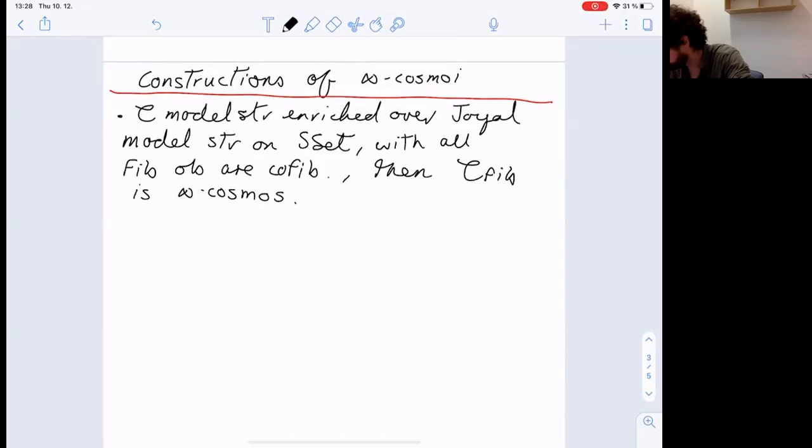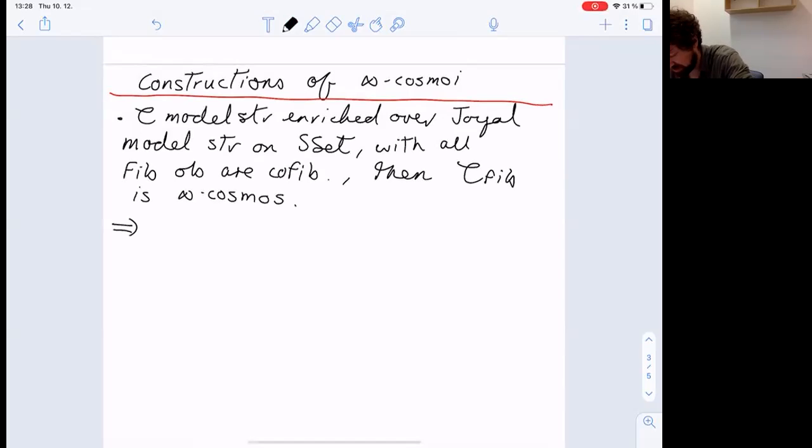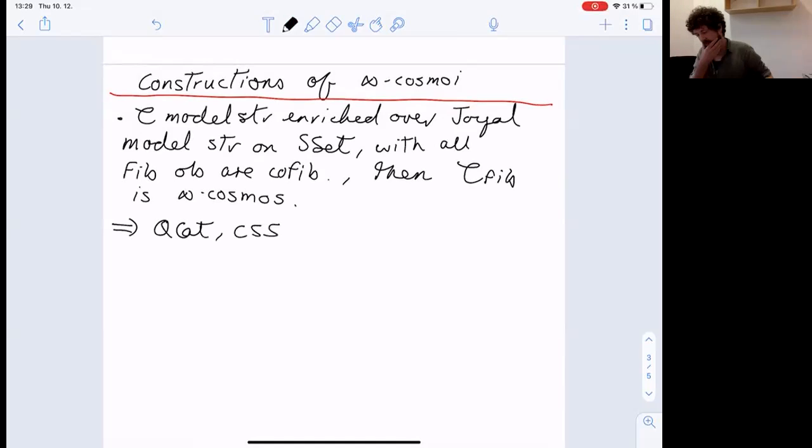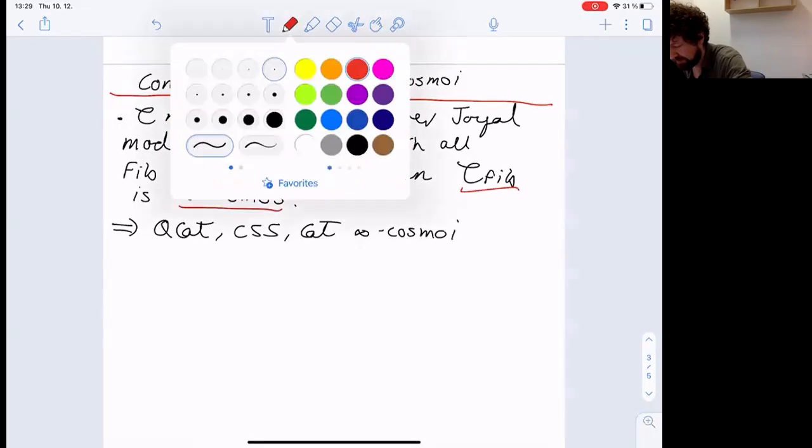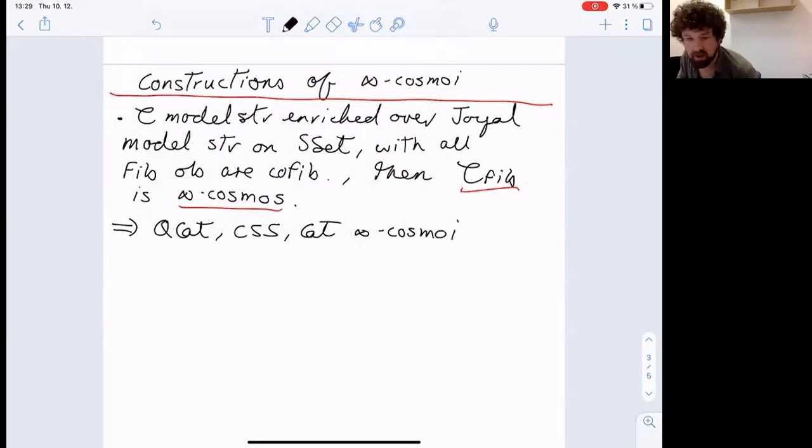This implies, for example, that QCat of the quasi-categories, and also CSS of complete Segal spaces, and also, I guess, Cat are infinity cosmoi, though the Cat case would be easier to show directly. But this gives us a core group of examples.